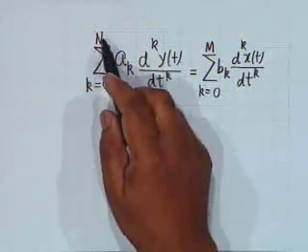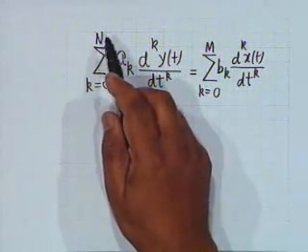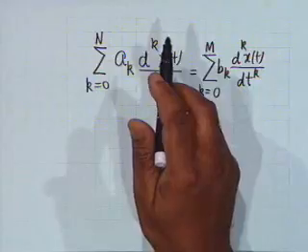That is, if capital N is 0, that is, there is only one term, then on the left hand side you shall simply have a0 y of t. The order of the system is 0, that is, it is a static system. Even though differential coefficients of the input are involved, the order of the system is 0.